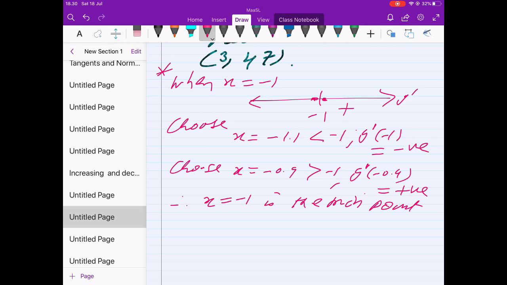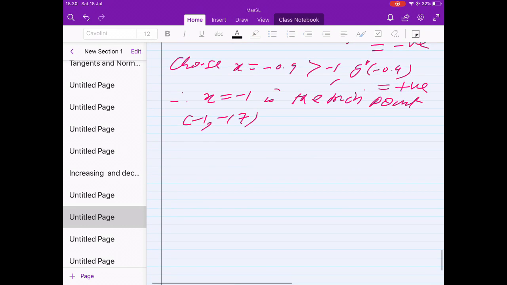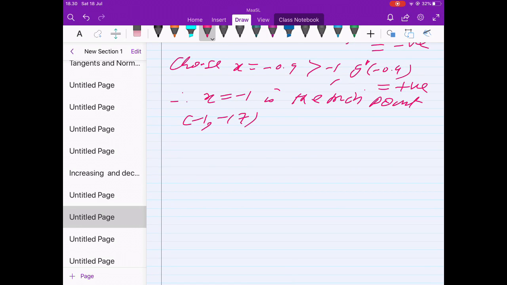And what are the coordinates? When we substitute x equal to negative 1 in the given curve, we will get negative 17 as the value of y. That is the first derivative test. Let's see the same with the second derivative test.